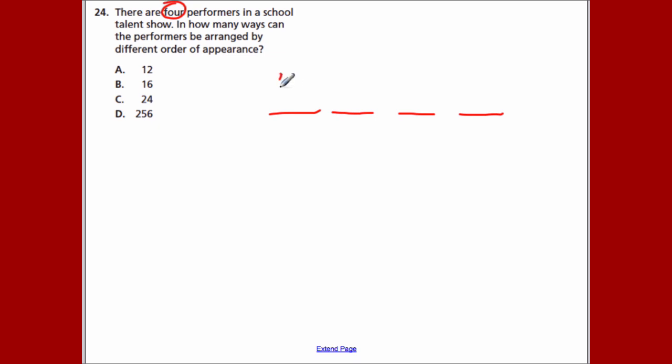We have 4 choices. Then we choose somebody. So now we're down to 3 choices for this spot. Then we choose somebody and we have 2 choices for that spot. And then we choose somebody and there's only 1 person left for that spot. This is like an AND statement. And in math means times.